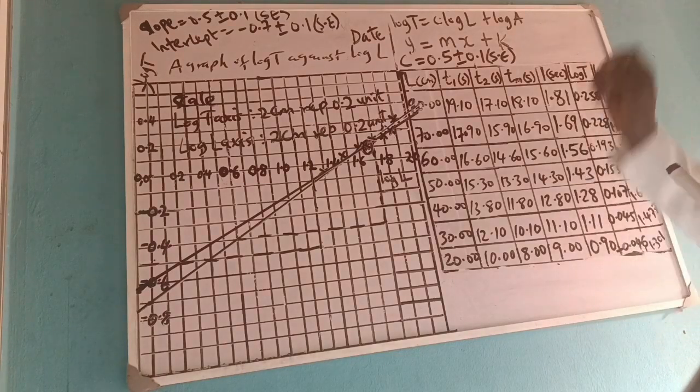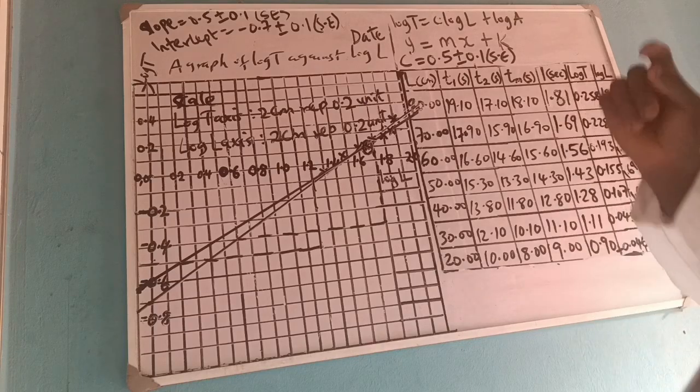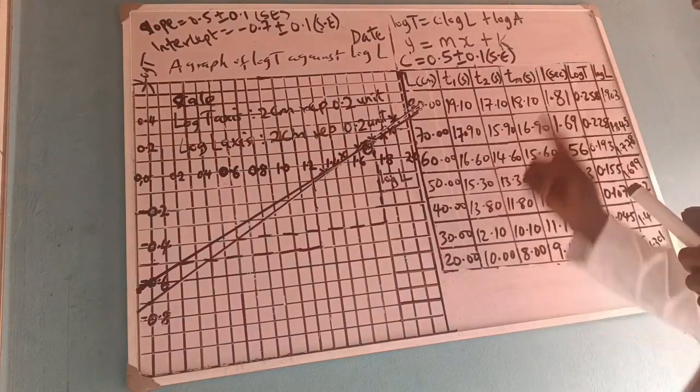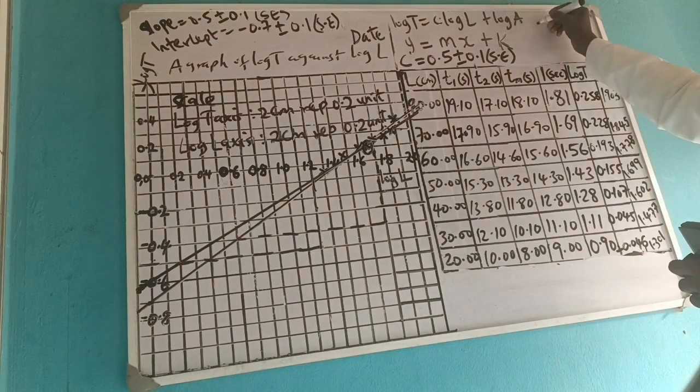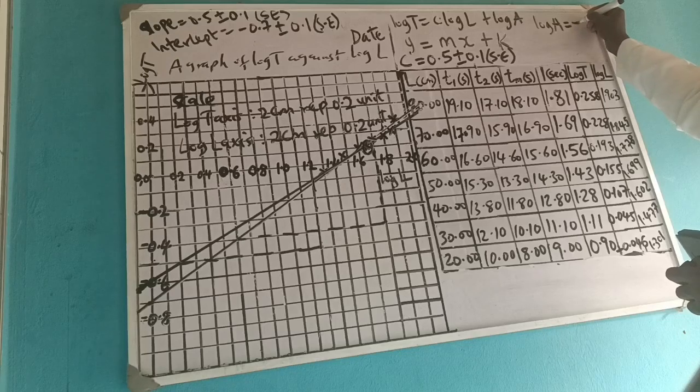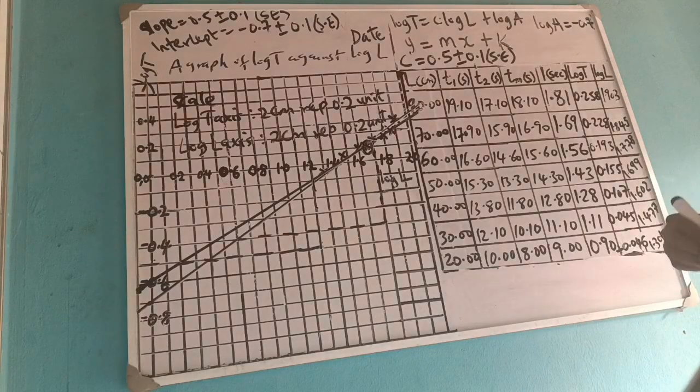Now, find the A and the error in A. This intercept is log A. We say log A is equal to your intercept, minus 0.7. What will be your A?